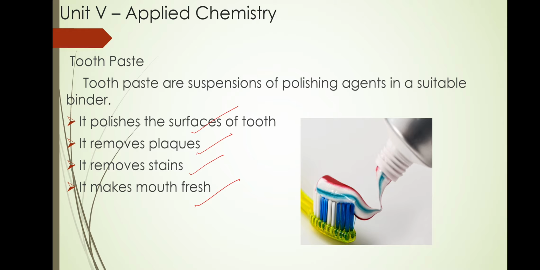The main function is plaque removal. Plaques are what accumulate on our teeth after eating, drinking and all. After the plaques are removed, the teeth are clean. It polishes and also gives a shining appearance. Stains form when we take juices or beetroot; those will be removed and the mouth is made fresh.